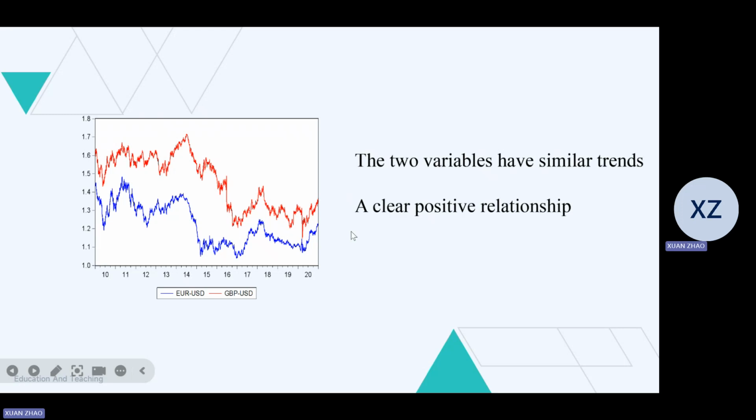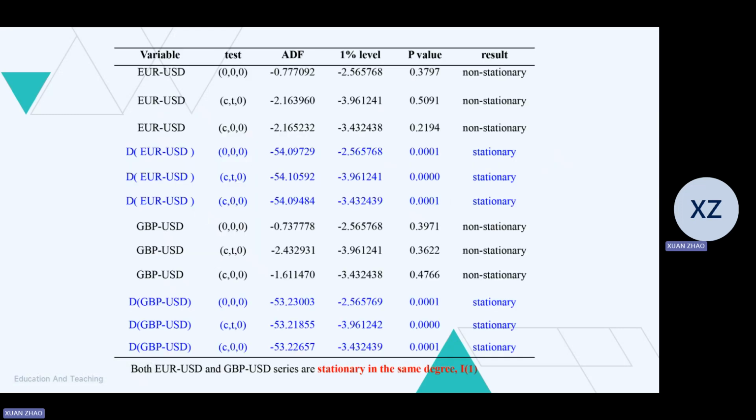So we can guess that there is a co-integration relationship between the two variables. Similarly, we construct the ADF test to determine the order of integration of the variables, and the results of the unit root test are shown in the summary table.